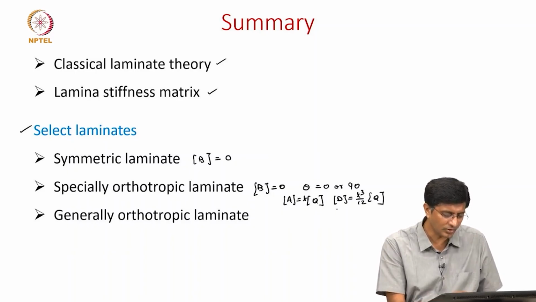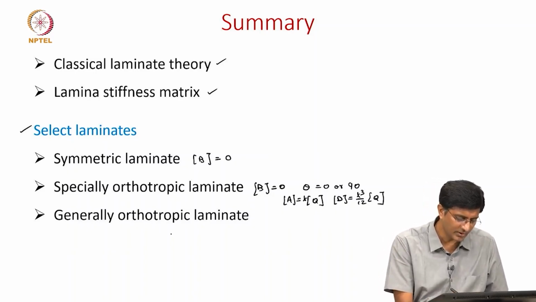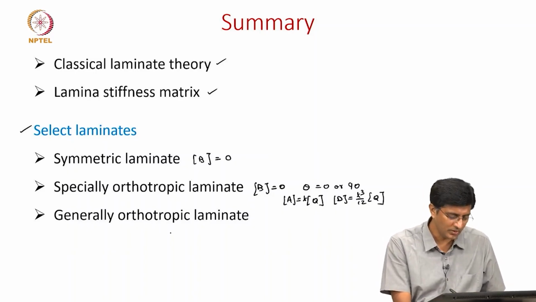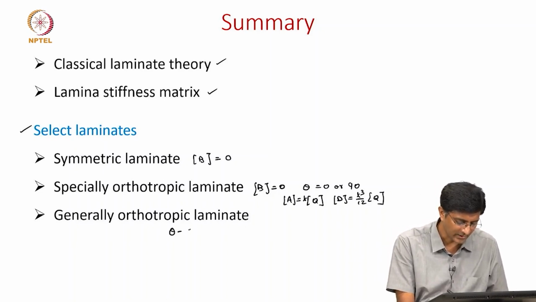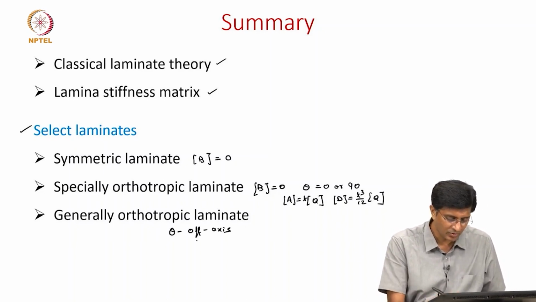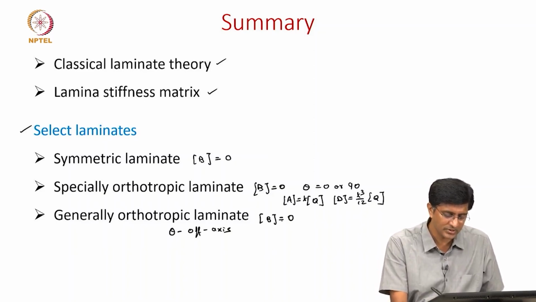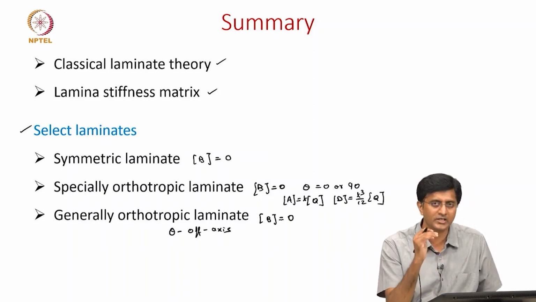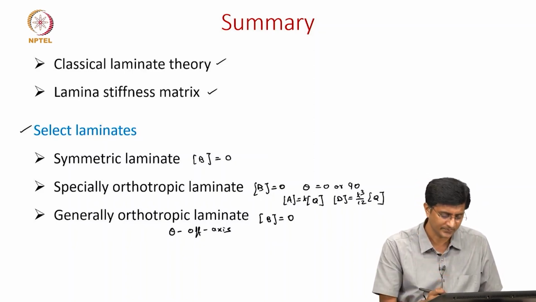Moving to the generally orthotropic laminate, where we said the only difference now is theta is an off-axis angle. But again, here too the B matrix goes to 0 since it is a single layer, and we can consider the half thickness as the mid surface.